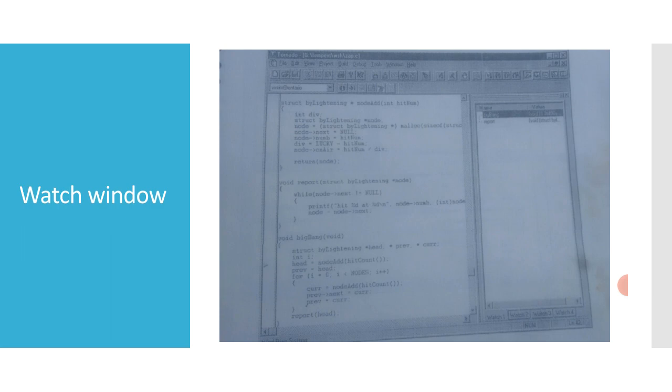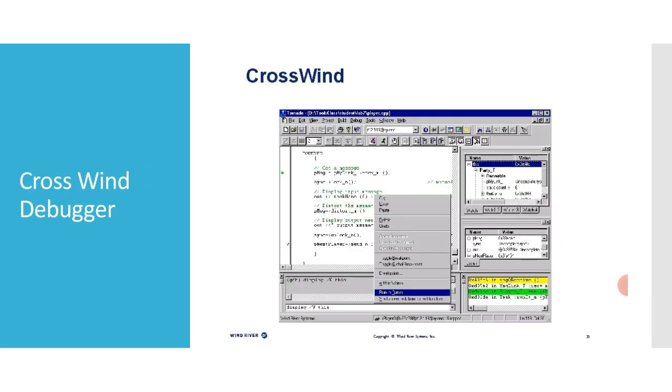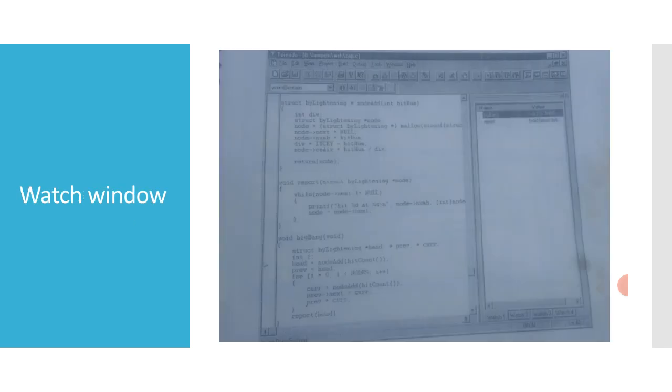This is the debugging window. There are several shortcuts, like Alt plus 3 for watch, Alt plus 4 for variables, Alt plus 5 for registers, Alt plus 6 for memory, and Alt plus 7 for backtrace.